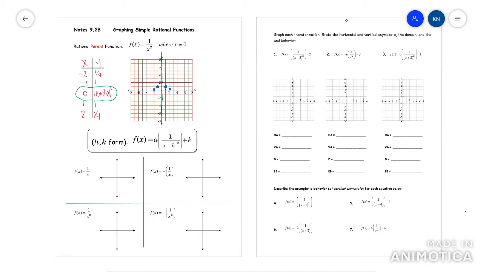And since there's no shift, it's just +0 right there, that's your HA. So you have an HA at y equals 0. So x equals 0, VA, y equals 0, HA. So when you actually graph this line, it's going to look something like this.